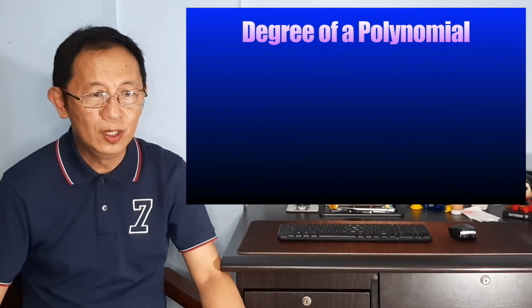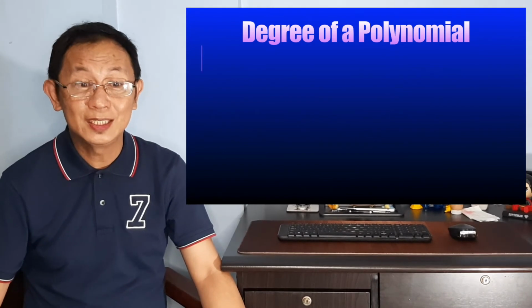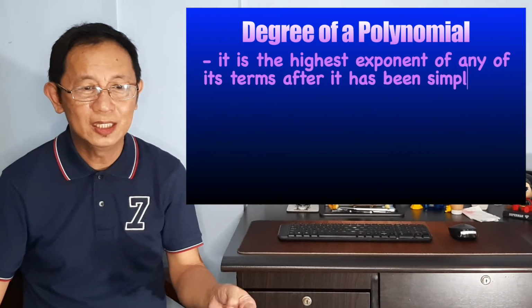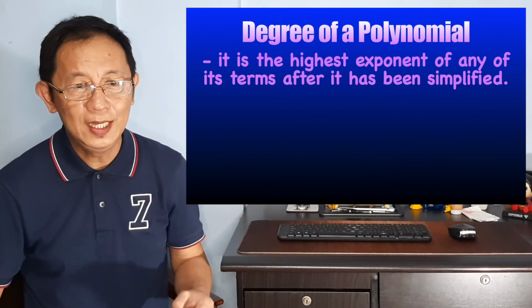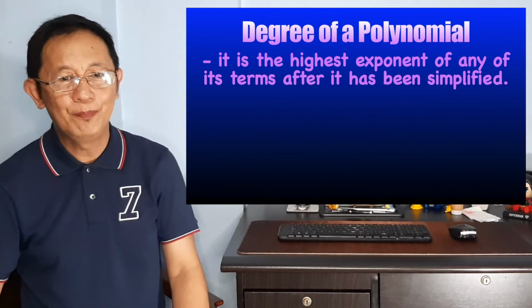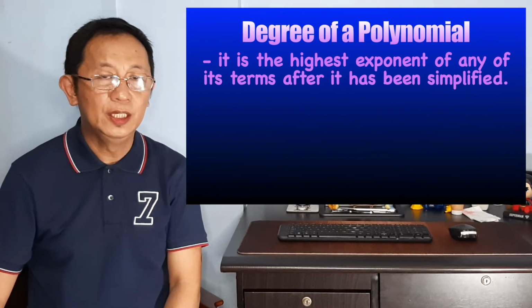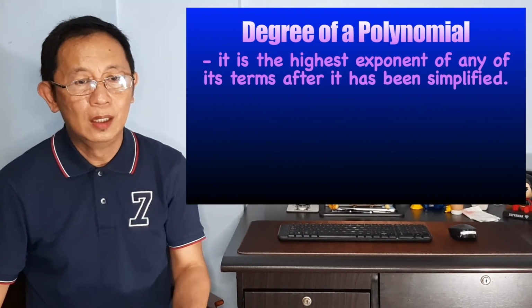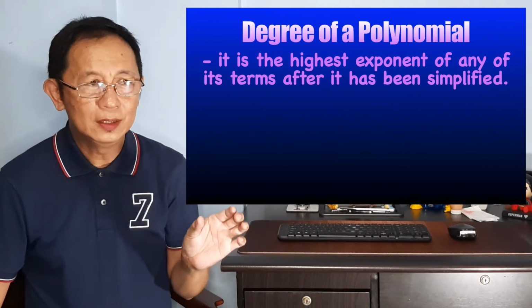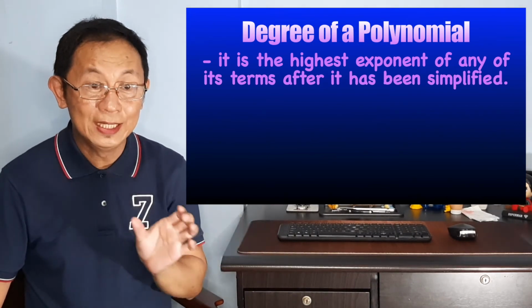The degree of a polynomial is the highest exponent, no? Highest exponent of any of its terms after it has been simplified. Ito yung sa degree of a polynomial. Bawat monomial may degree.